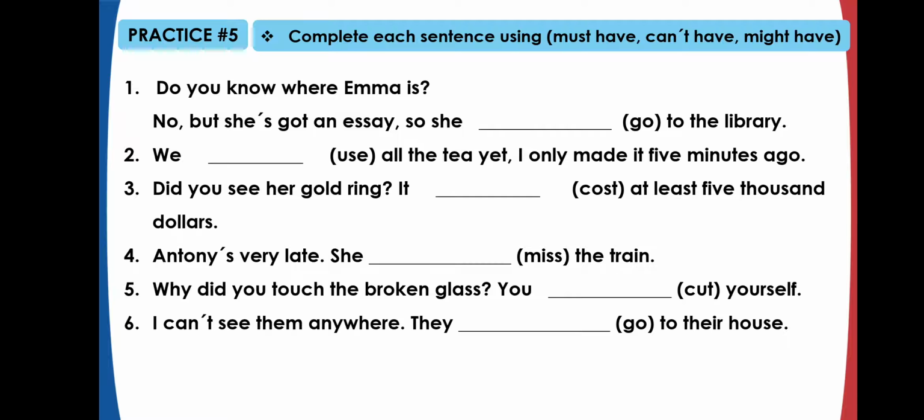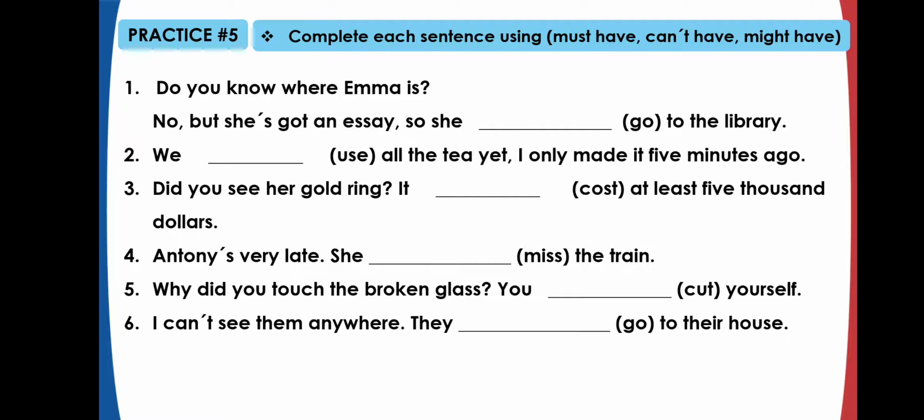The can't, it means that you are really sure that something is not true, okay? You are really sure that something is not true. And might, it means that you are in a 50% of certain, okay?